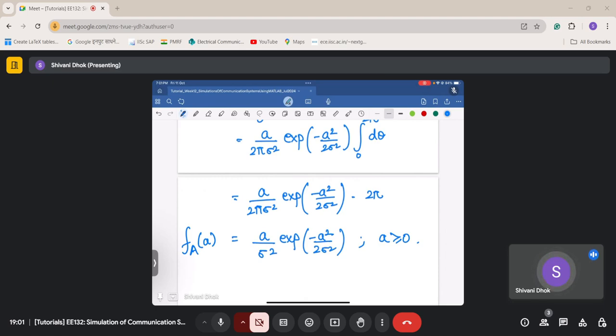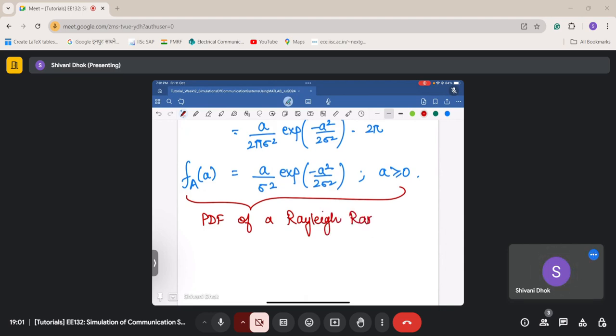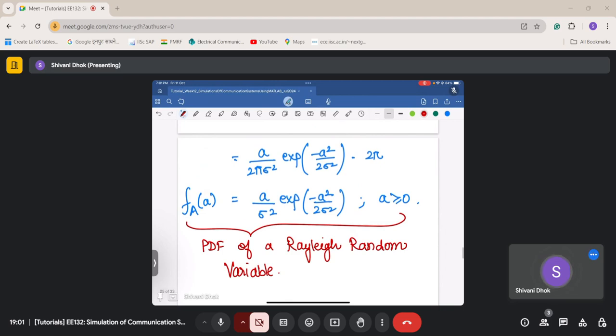So this is the PDF of your envelope or magnitude of the random variable, and this is basically the PDF of a Rayleigh distributed random variable or a Rayleigh random variable. Any questions here?